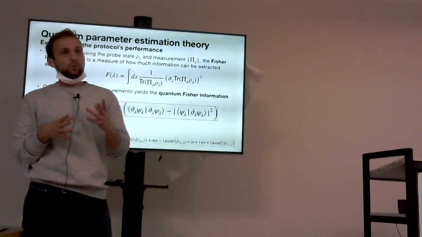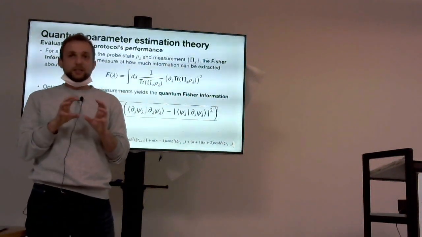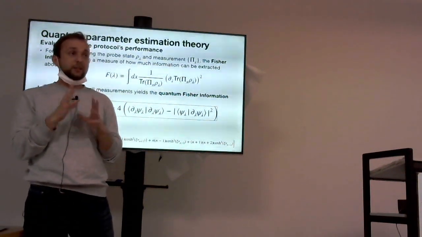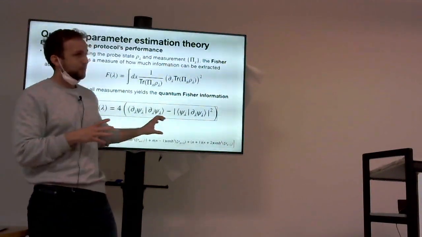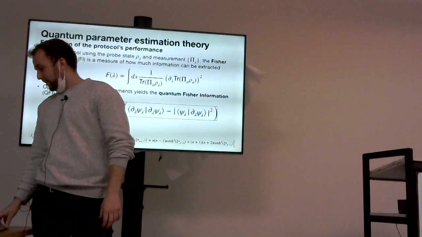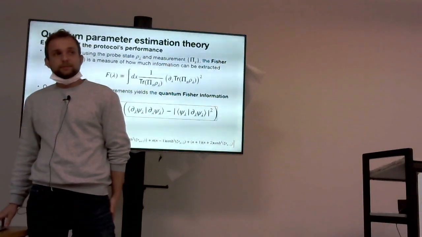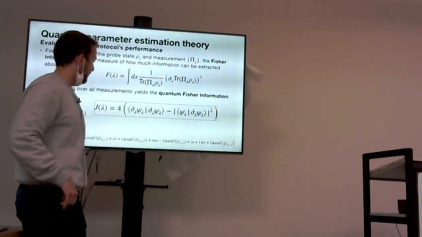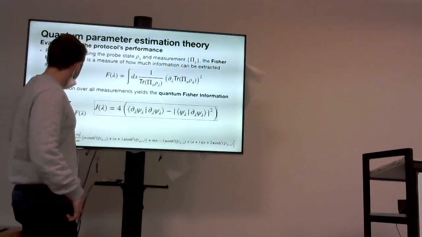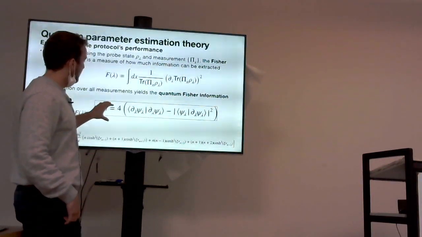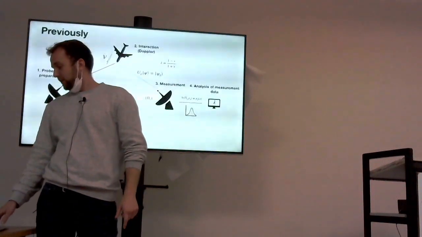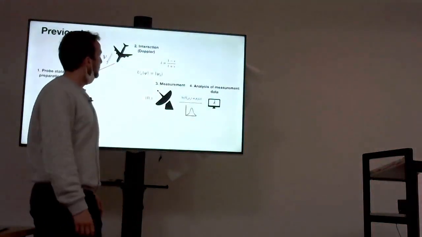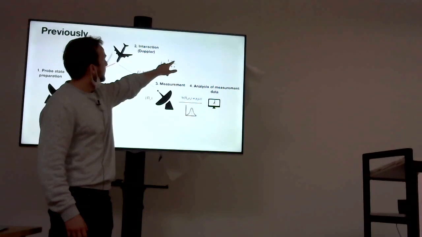So the goal was to first try to find some approximations so we can understand this better. What is the parameter that you estimate? We estimate this lambda, and this lambda is related to the velocity of the object.